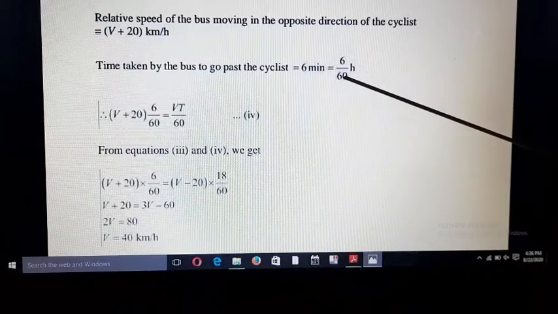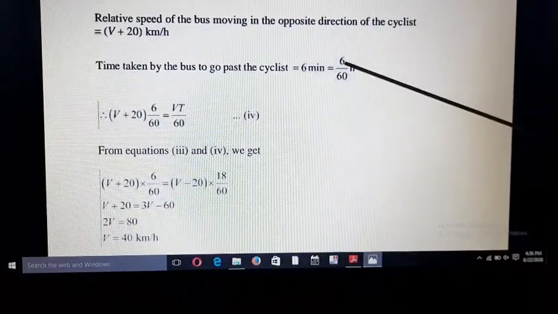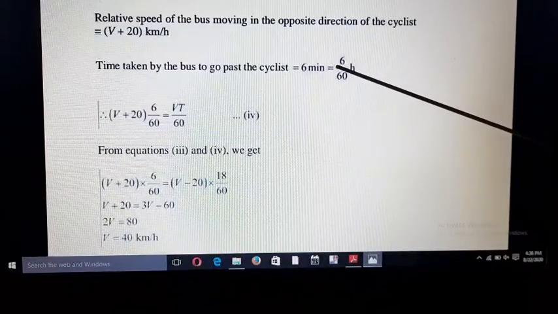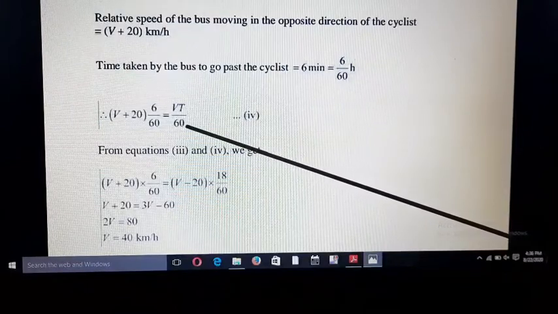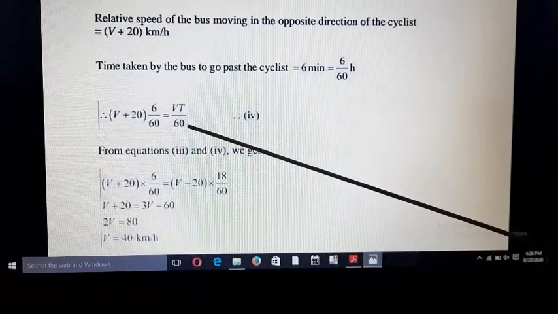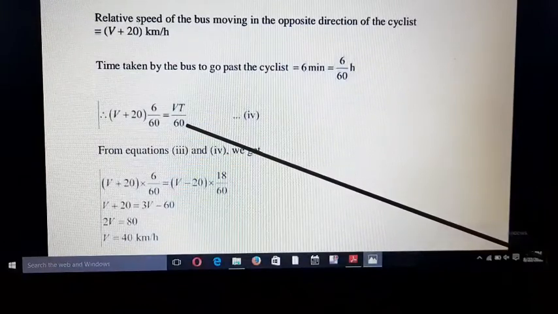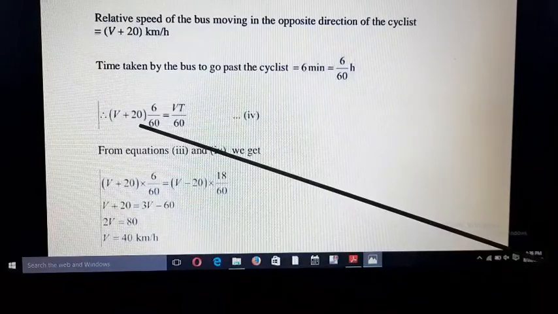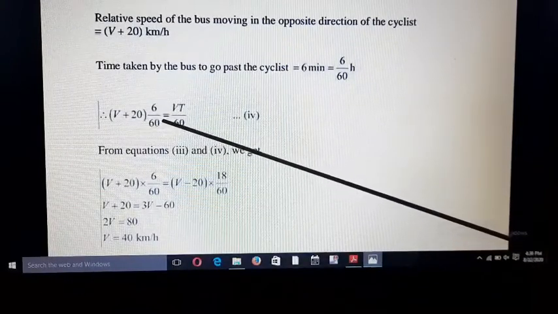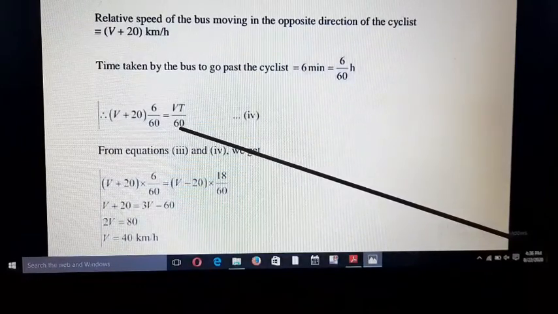In the same way, velocity into time is equal to distance, and distance is equal to Vt upon 60 from equation number 2. So we can write again (V plus 20) times 6 upon 60 is equal to Vt upon 60. Here the 60s are cut.